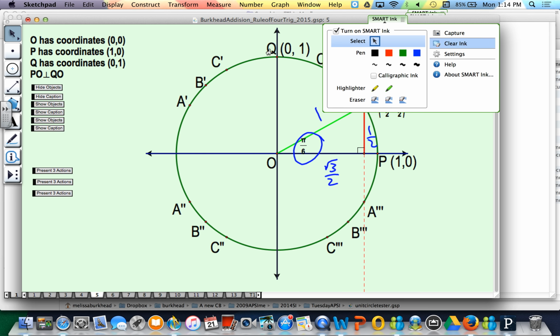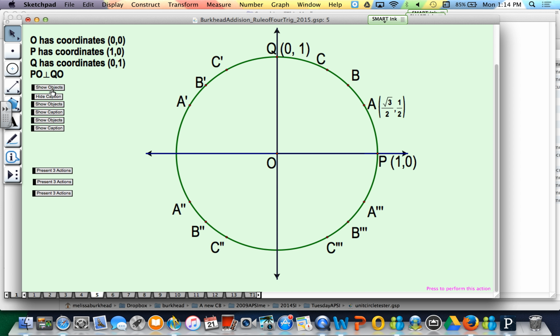Now let's consider yet another situation. What if point P is rotated about the origin pi 4th radian to B? What type of triangle are we working with there if we have a pi 4th radian? 45, 45, 90. The hypotenuse is still 1. So what does that mean each leg is?